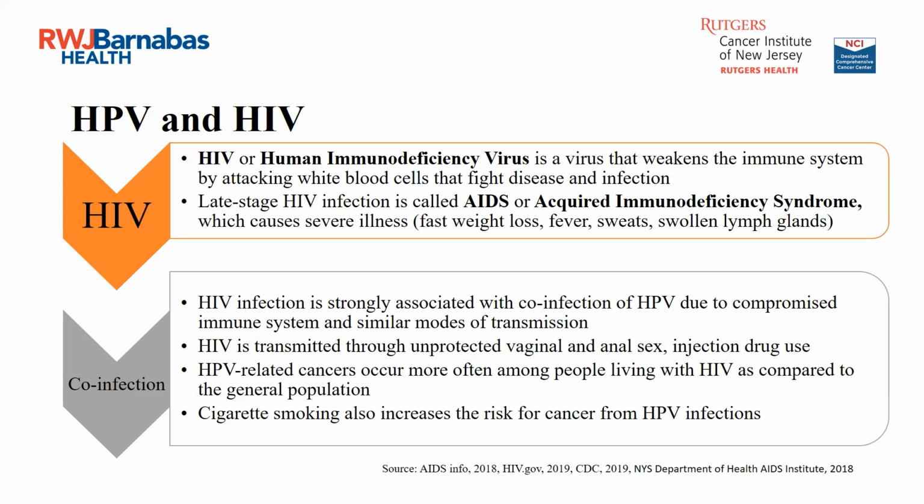And we know generally that LGBT people tend to experience different stressors in society, like being treated differently, which leads people to want to smoke to deal with that stress. So when you have all of these different things like cigarette smoking and HIV infection and HPV infection, you have an environment for cancers to develop. And so that's very important to keep in mind as we move forward.